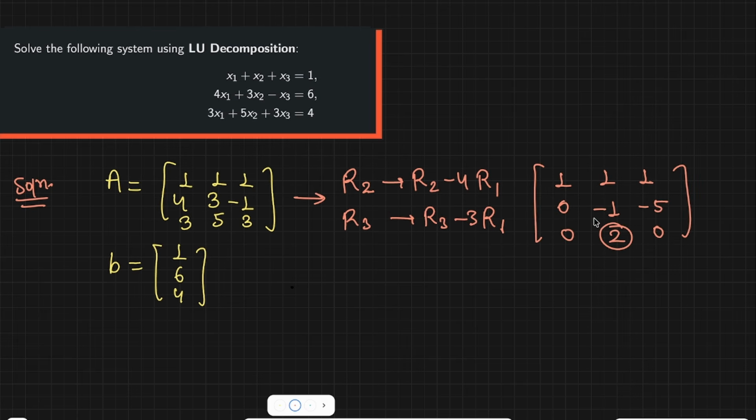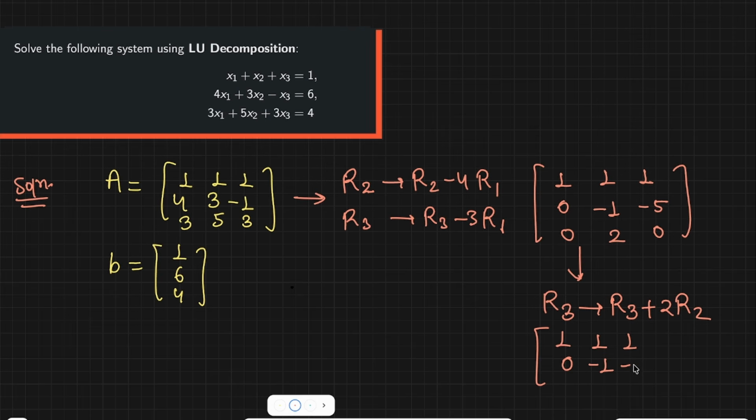Now I want this as 0, so after this I will apply R3 interchange with R3 minus 2R2, not R1, R2. Then this is your 1 1 1, 0 minus 1 minus 5, 0 0 minus of 10. This is your U matrix.